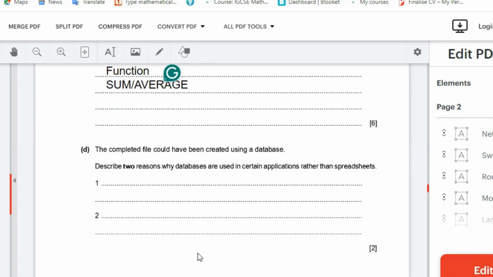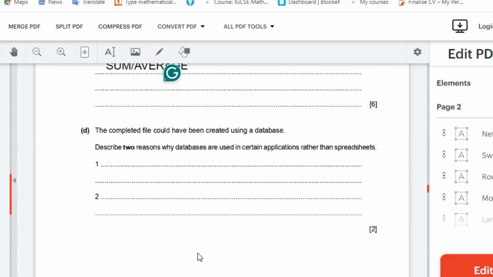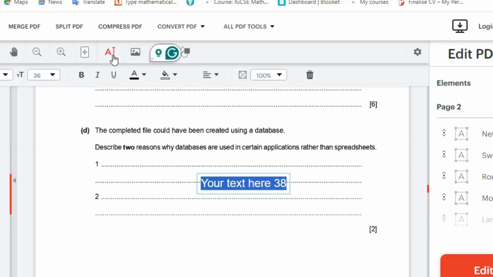Describe 2 reasons why databases are used in certain applications rather than spreadsheets. 1. A database can use queries.